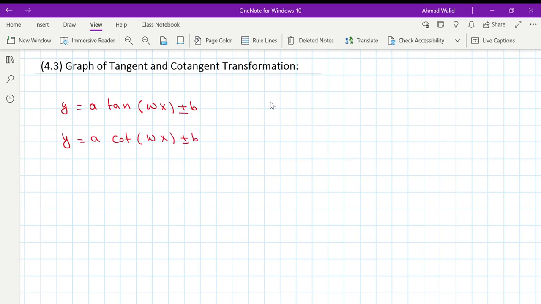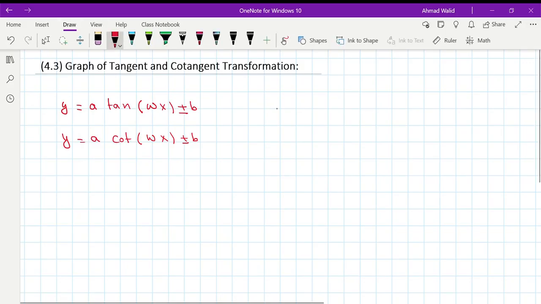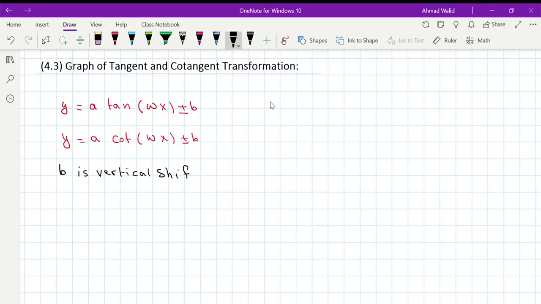This B is our vertical shift because we did it for sine and cosine. Right now we know it's the same for tangent and cotangent. Your B is vertical shift, correct?